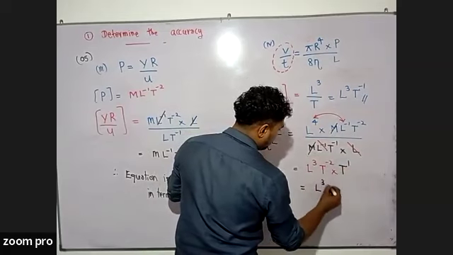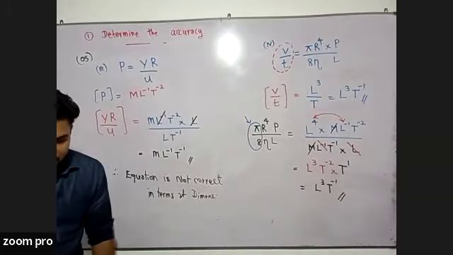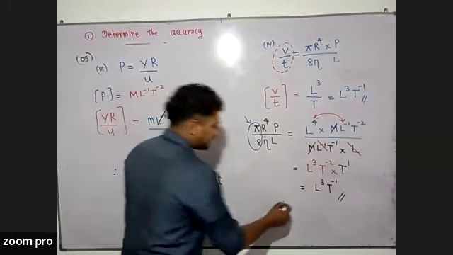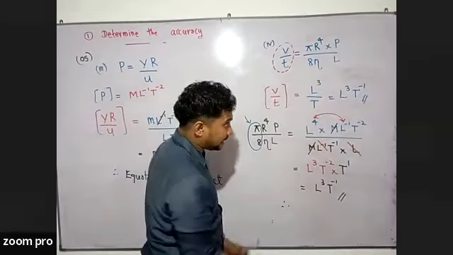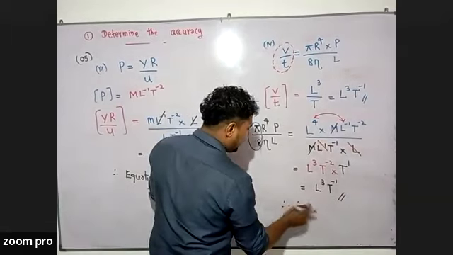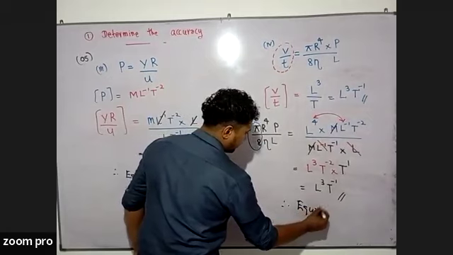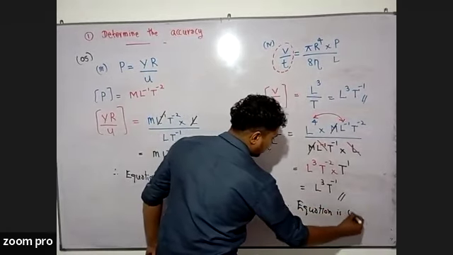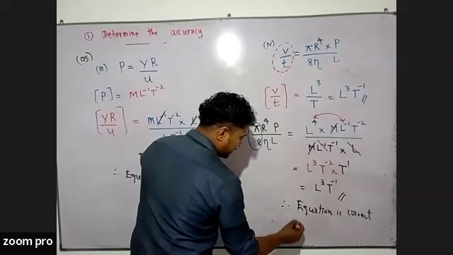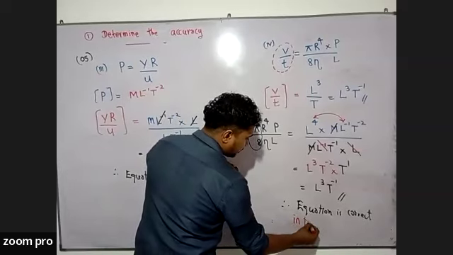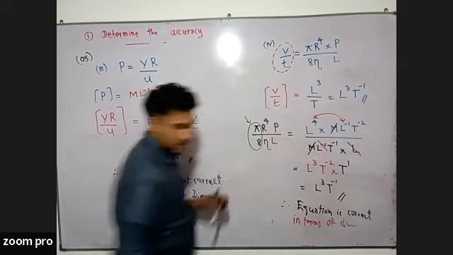Then this is the dimensions of this term. So you can figure out that both dimensions are the same, correct with each other. Then we can mention that the equation is correct. Don't forget to write this sentence also, in terms of dimensions, right?